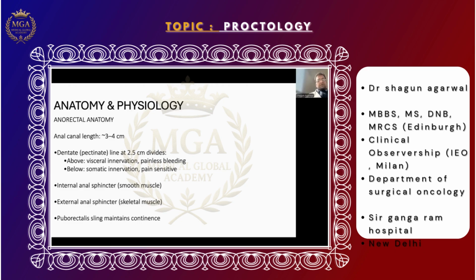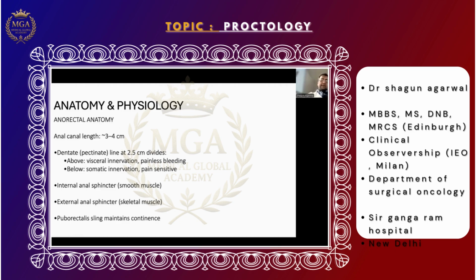About anatomy and physiology, the anal canal is around 3 to 4 centimeters in length with a pectinate line present at 2.5 centimeters from the verge. This dentate line divides the innervation.